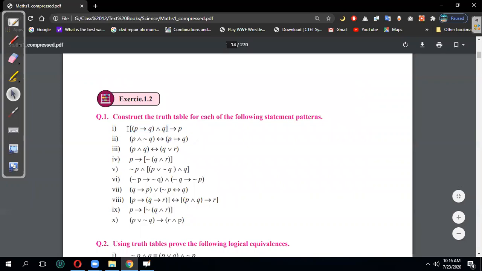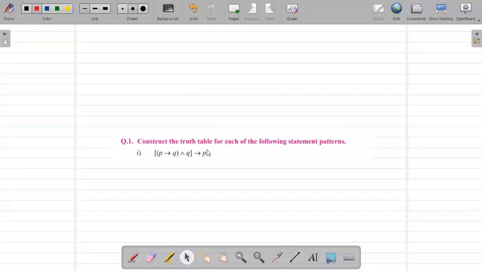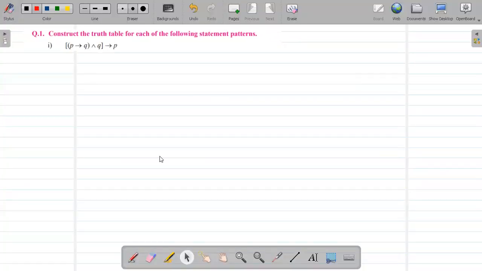I hope you guys can do it. Now look very carefully. Again, we will apply the same thing. So I want everybody to follow with me. So first we will write the table of P. What is the table of P?